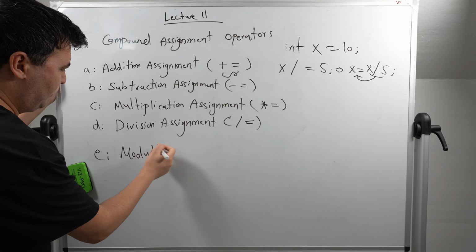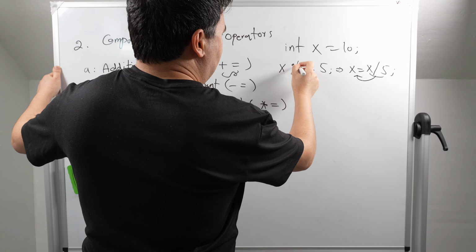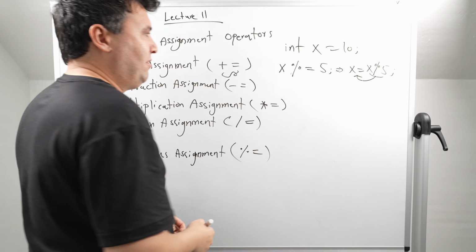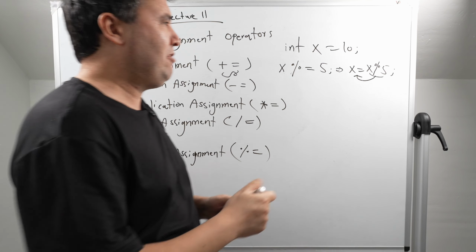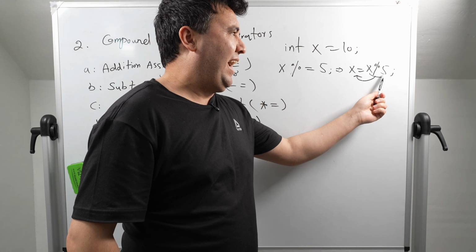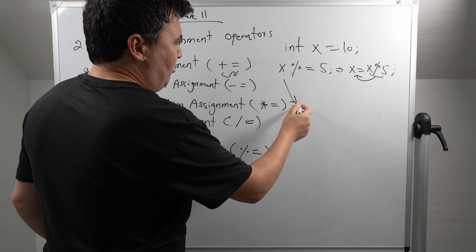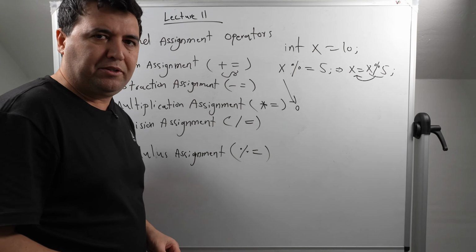In this case, if we change this one to modulus, at first we divide the value of x by 5 and store the remainder of the division in variable x. So in this case, if you divide 10 by 5, it becomes 2 and the remainder is 0. So inside variable x, we have 0 if we print it out.